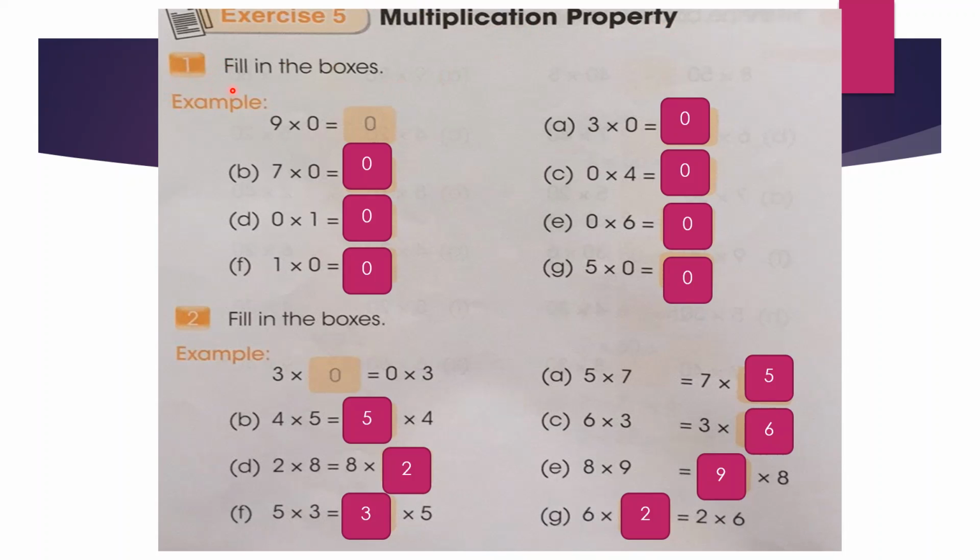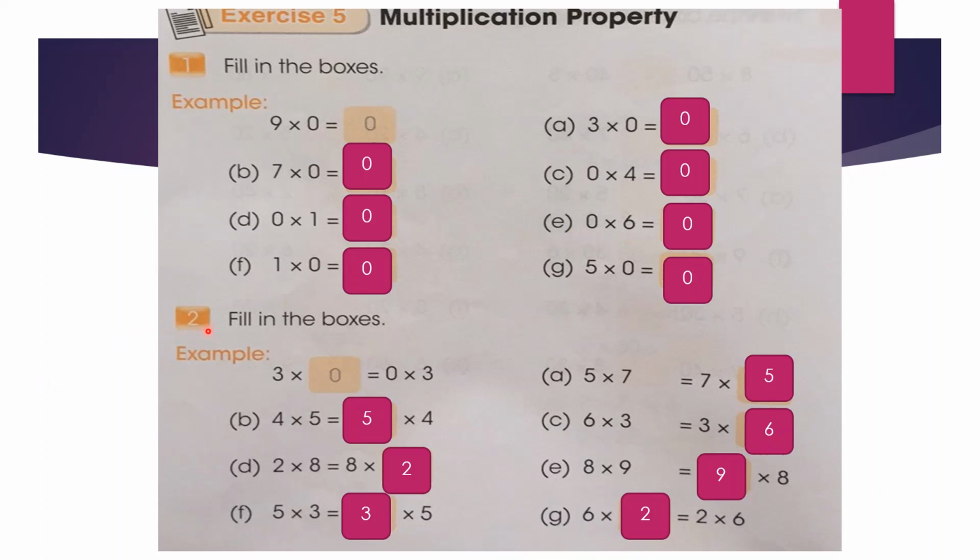Okay, exercise 1, fill in the boxes. Example, 9 times 0 equals 0. Okay, so letter A, 3 times 0 equals 0. As we knew that we studied it already, any number multiplied by 0 equals 0. So all the answers here are 0.